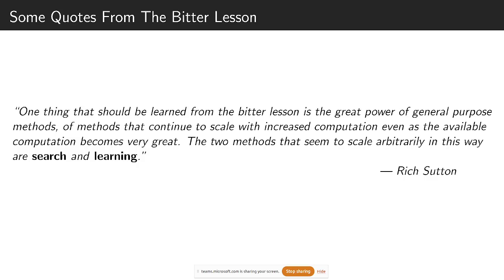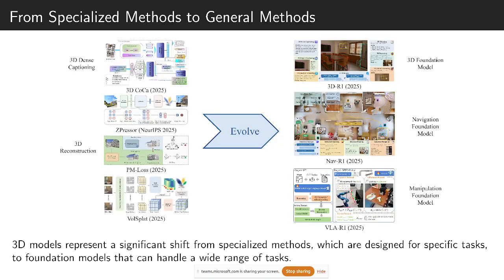So from the bitter lesson, we know that two of the most significant perspectives are to scale with these two methods, search and learning. We will introduce these methods, mostly search, which is in-context searching and chain of thought, later in this talk.